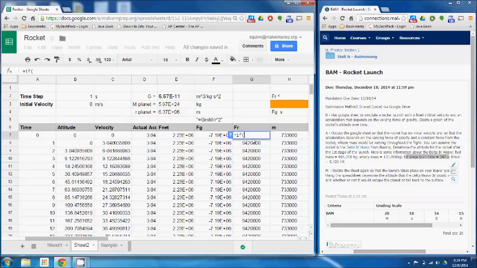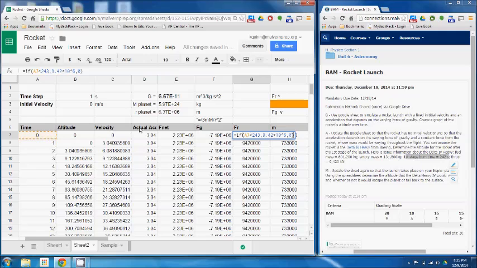So I want to know what time it is. And if the time is less than 243 seconds, then, comma, I should get the force 9.42 times 10 to the 6 newtons. Otherwise, comma, give me 0, no thrust at all.